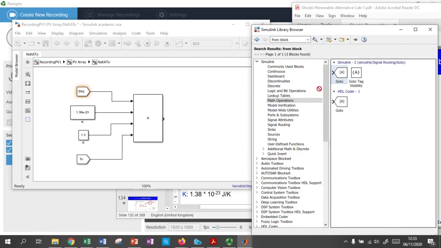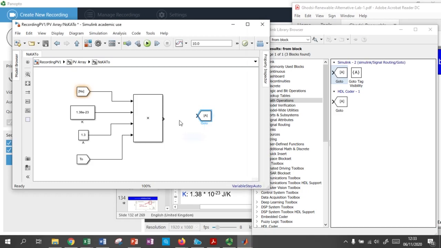In the from block, you can find it here. We call it NSKATO. This is the output of this one.